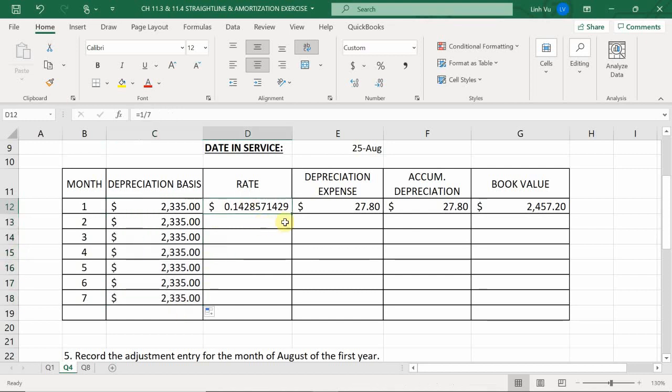Now, if these two numbers stay the same and I'm depreciating at the end of every single month, then what is my depreciation expense going to be for the second month?